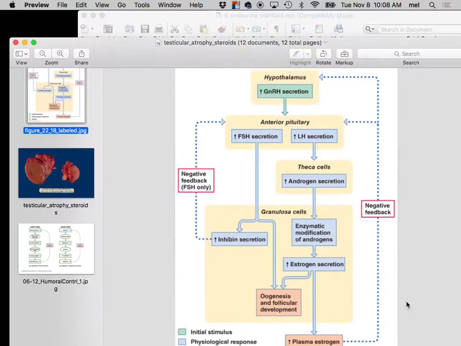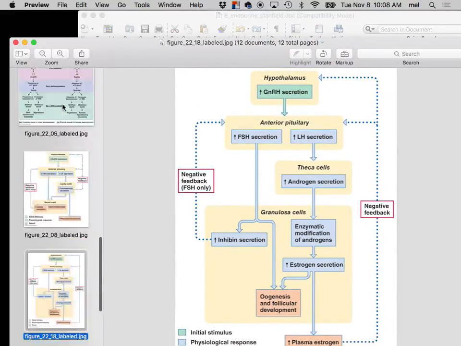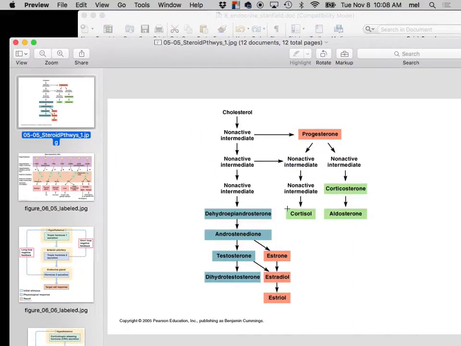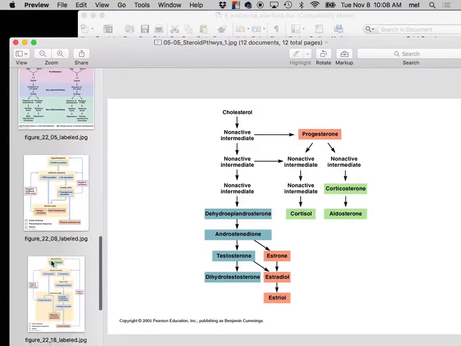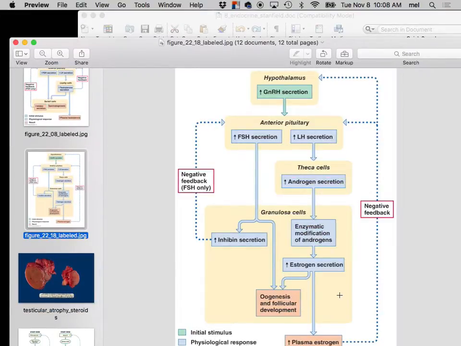So ultimately what you're going to end up with is a whole bunch of estrogens. But please remember that, of course, estrogens are converted androgens. So in women and men, you make androgens first, and in women, you convert almost all of them to estrogens. Good? Okay, it hardly matters for the phys story unless something goes wrong, and then it does matter. Ultimately, what you're going to do is get estrogen secretion.